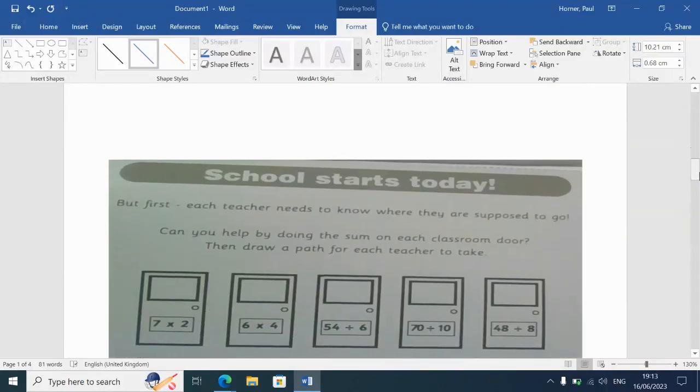This next activity: school starts today. So you had school today, didn't you? What's your school? Does your school start at 8:45 then? It starts at 8:40. Do you go to assembly or form class?